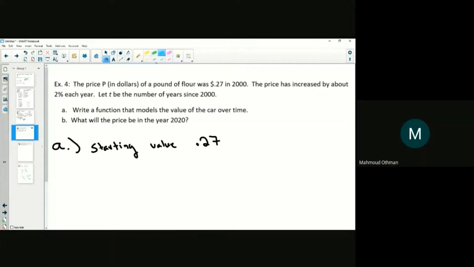And we got that from reading the problem. Then we're going to look at our growth rate. The growth rate is 2%, which, if you change the percent to a decimal, is 0.02.